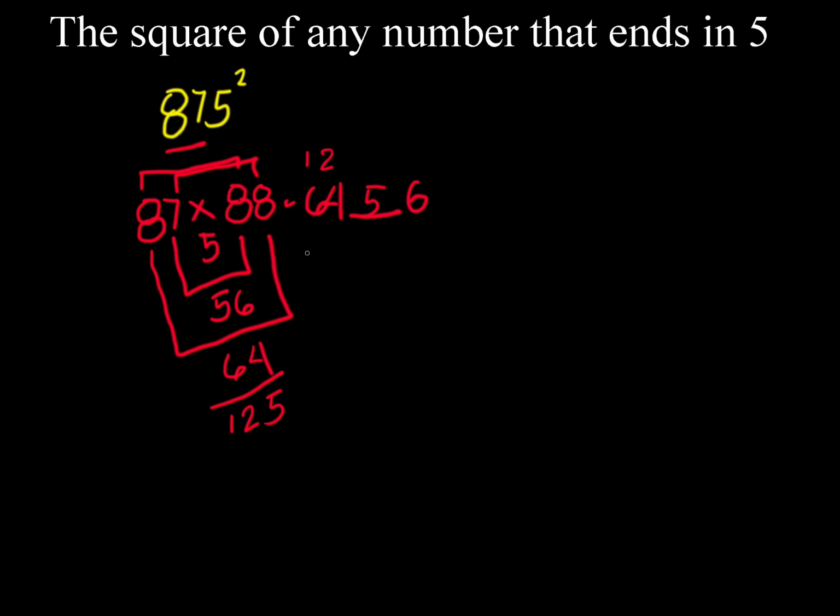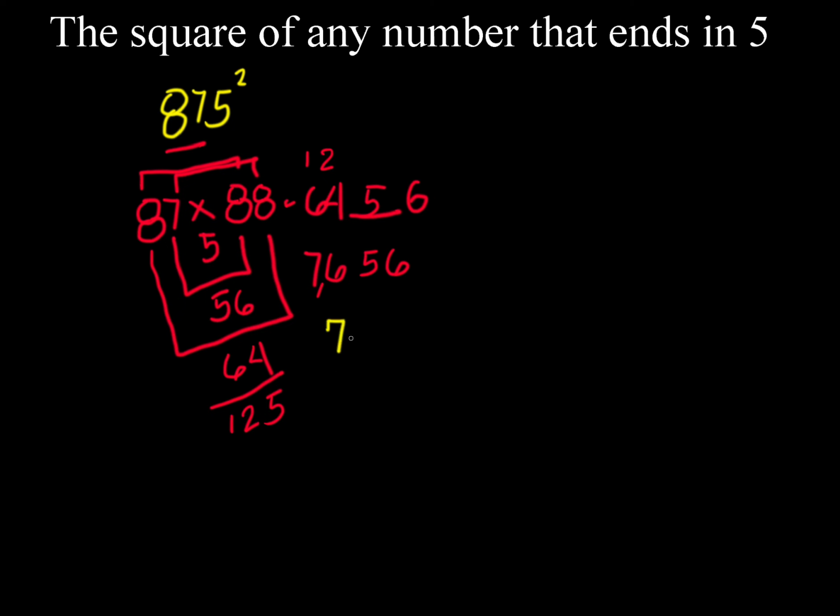So 1 plus 6 will just give us 7. 2 plus 4 will just give us a 6. We bring down your 5. Then we bring down your 6. So therefore, 87 multiplied by 88 will just be equal to 7,656. But we're not yet done. We try to rewrite everything again.